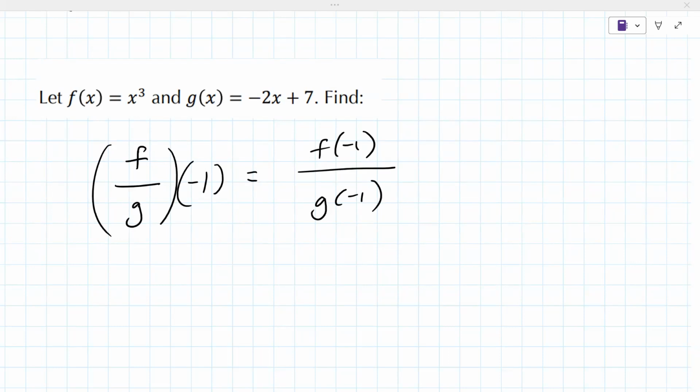All right, so cube and -1, -1. Look at g, -2.